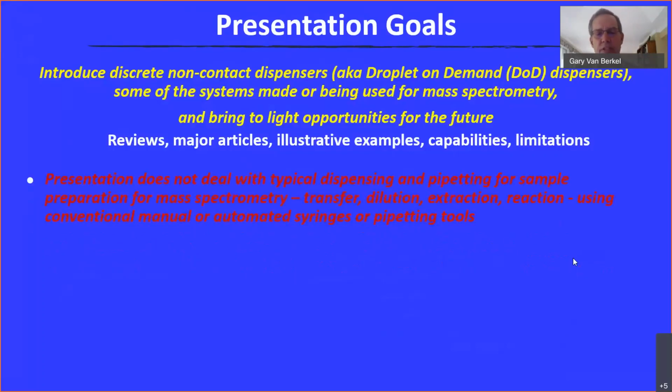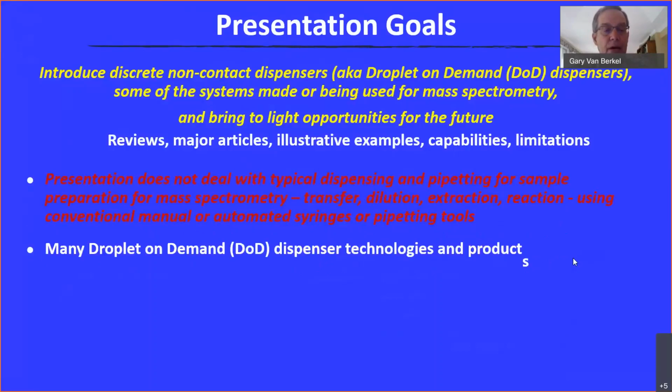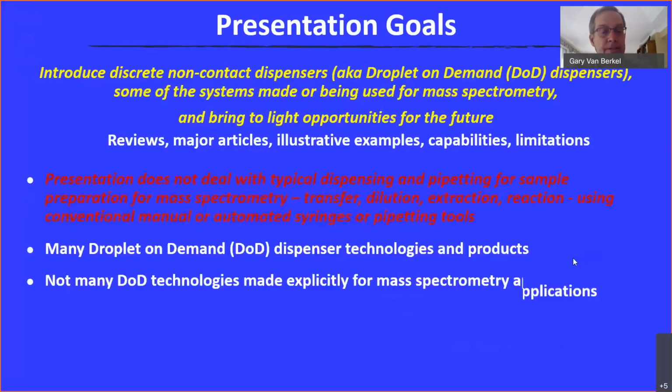Now, this isn't really a talk about different types of laboratory techniques that are pretty standard: transfer, dilution, extraction, reaction with pipetting systems and robots. It's about these droplet on-demand dispensers themselves and the various types of technologies. And I'd like to say there's not many of these droplet on-demand technologies made explicitly for mass spectrometry.